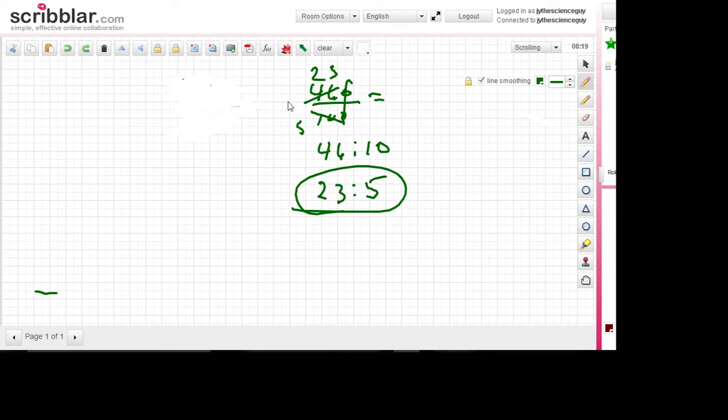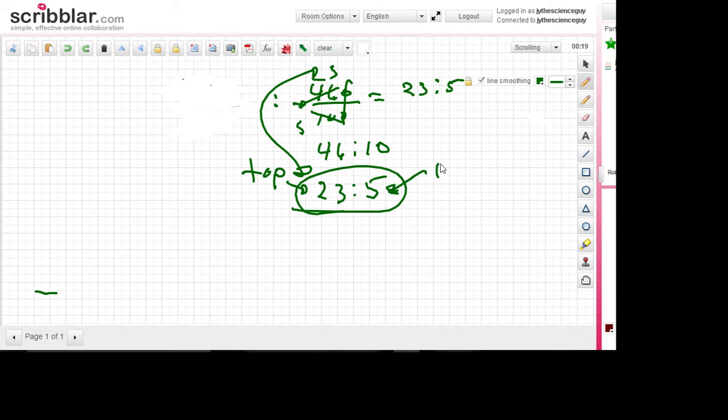Because that thing means to divide. So that's 23 over 5, right? Okay. So after you get the fraction, you reduce it. You just continue to reduce it. So the top number always gets written first in the ratio. Okay. So that's always the top number.